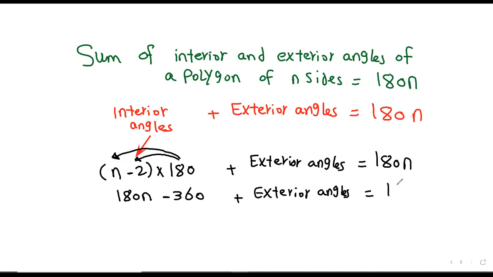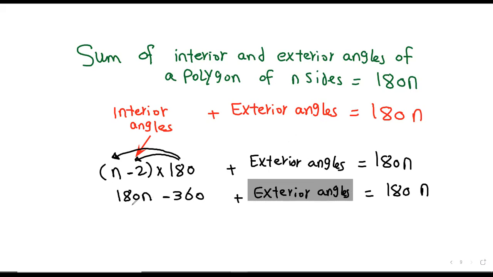All of that equals 180n. So it's a kind of equation: 180n minus 360 plus exterior angles equals 180n.